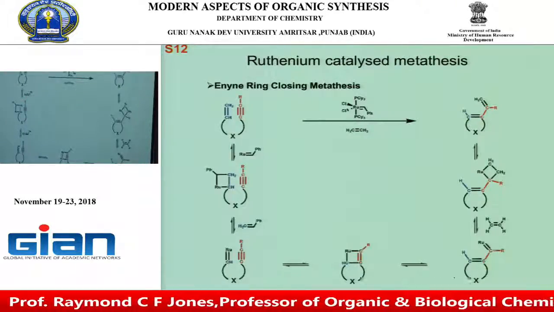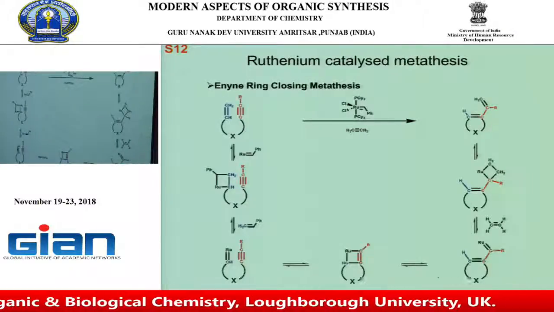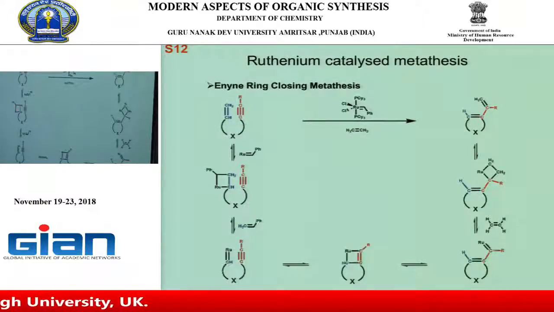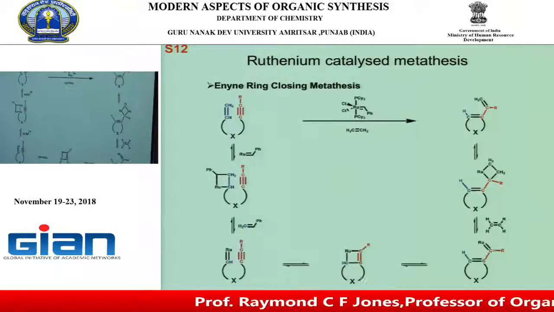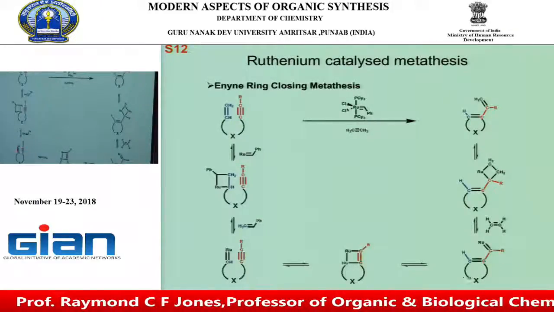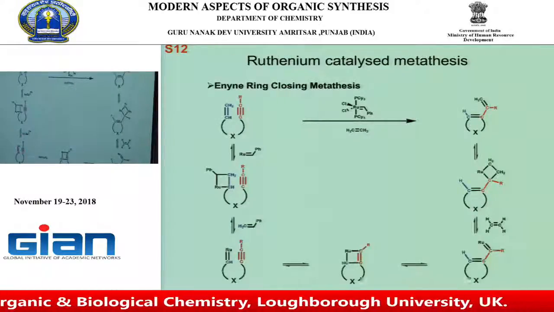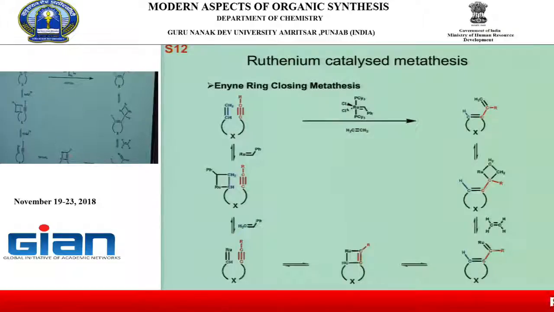This is shown as Grubbs first generation, but it's meant to represent one or other of the ruthenium carbene catalysts. A cycloaddition to the first alkene, breaking down in the opposite direction to the way it was formed, gives you a ruthenium carbene and styrene. Then cycloaddition here gives you a metallocyclobutene rather than a metallocyclobutane.